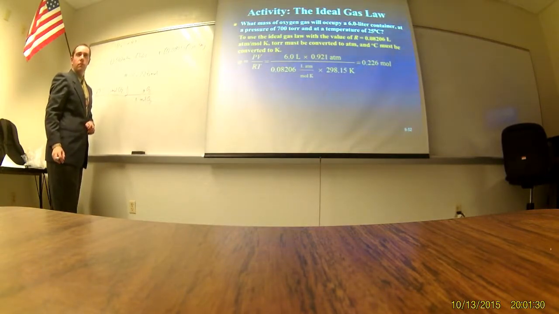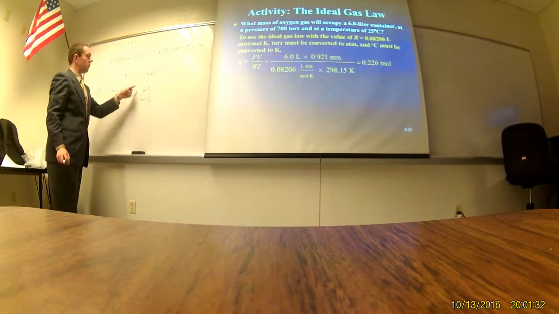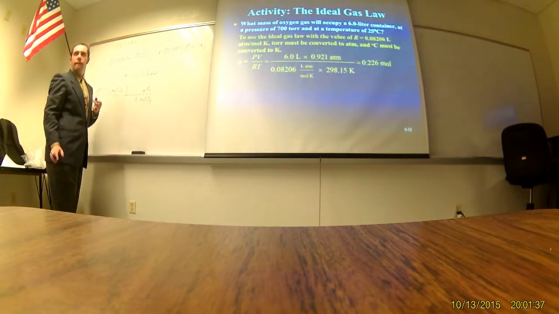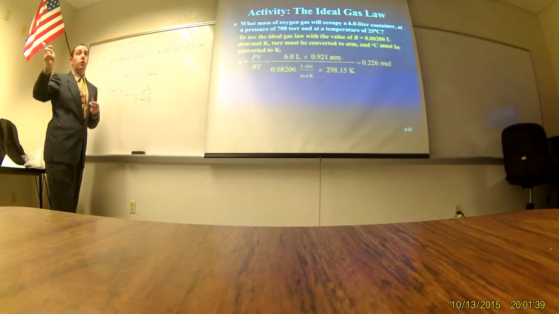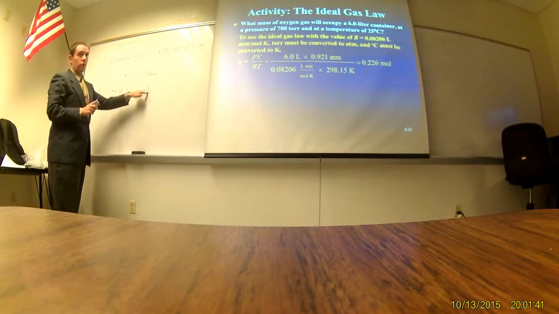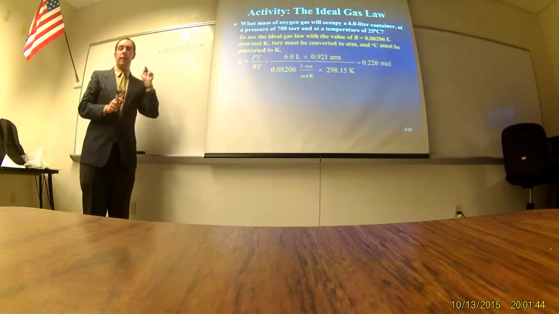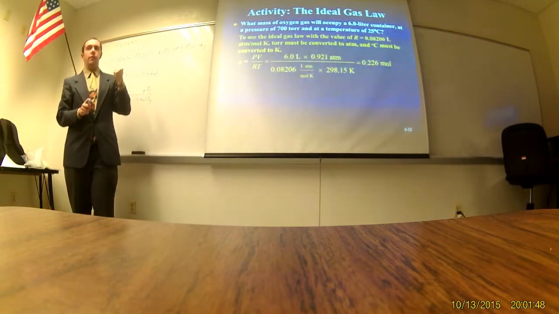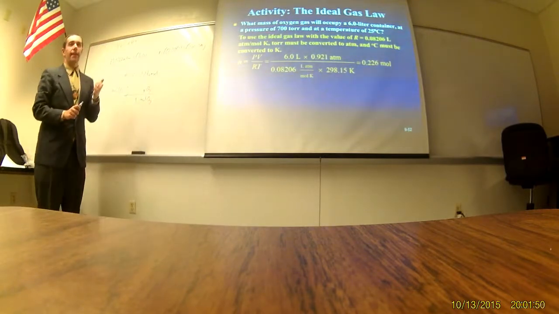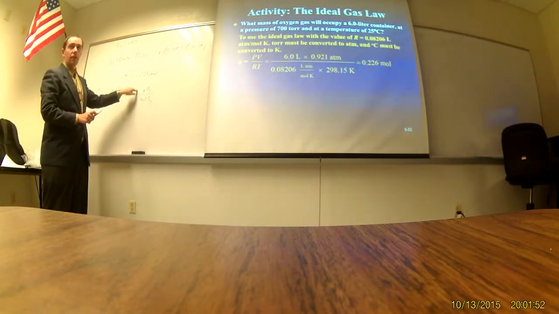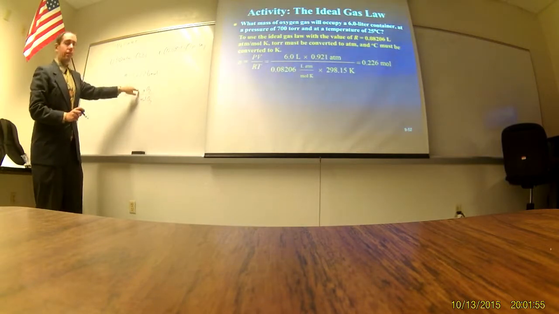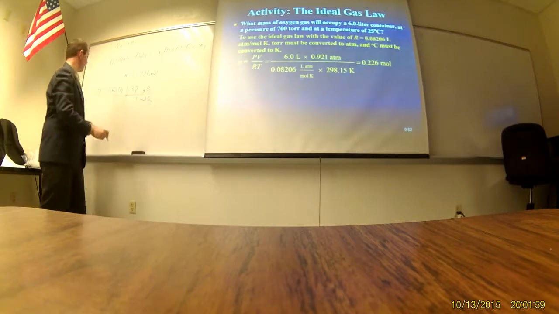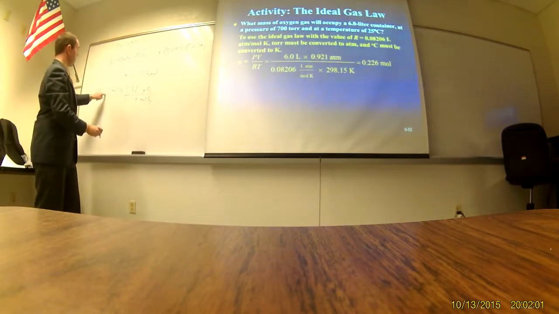What's the molar mass of oxygen gas? 32. Oh yeah, it's O2. If you're working with a gas, it's diatomic. Don't forget that it's diatomic. That's going to change your answer by a factor of 2, if you put 16 here versus 32. So it's oxygen gas, which is diatomic. You have 32. It's 32 times 0.226.